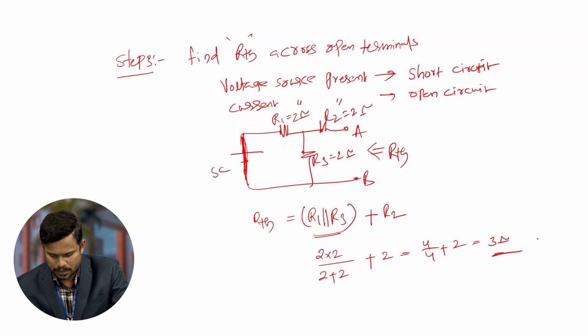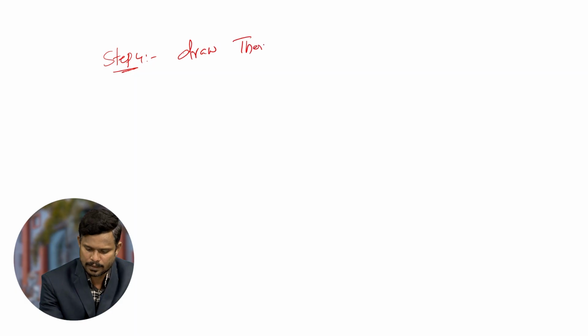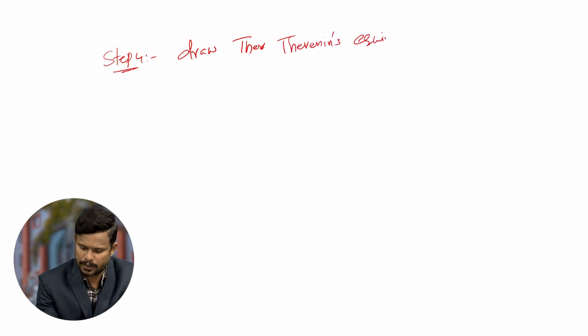Now step number 4. Draw the Thevenin's equivalent circuit. That is VTH.